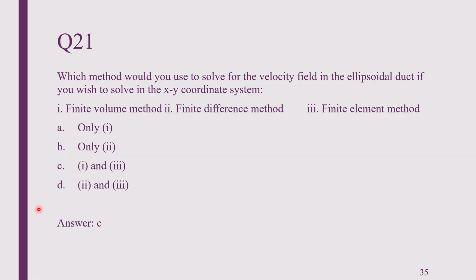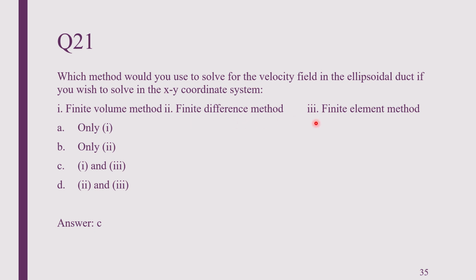Okay, question 21. Which method would you use to solve for the velocity field in the ellipsoidal duct if you wish to solve in the xy coordinate system? Option 1 is the finite volume method. Option 2 is the finite difference method.